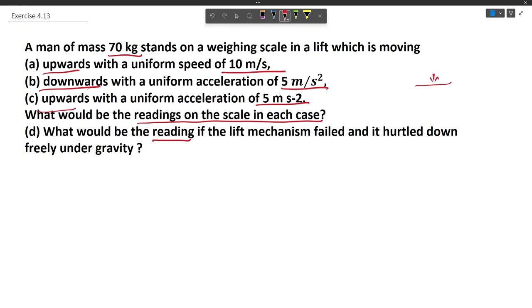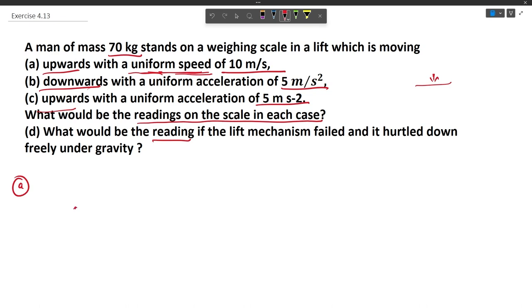So let us proceed with the free body diagram in all the cases. In the first case, since the body is traveling with uniform speed, the net force on the body must be 0.